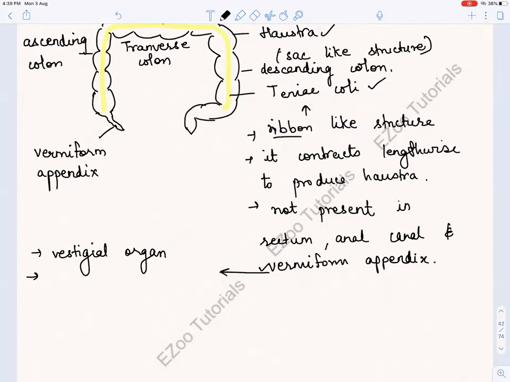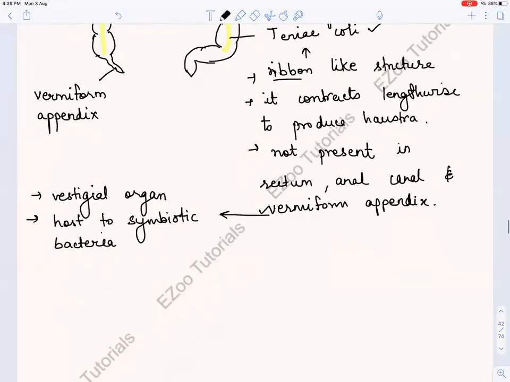It is believed that it is host to symbiotic bacteria, and since it is host to symbiotic bacteria, it is believed that it has a high concentration of lymphatic nodules. But it is not of much use in our body. So that is controlling the entry of symbiotic bacteria, or the good bacteria, that enter the large intestine.